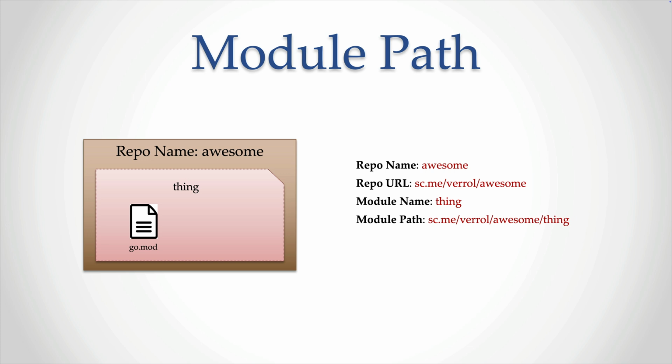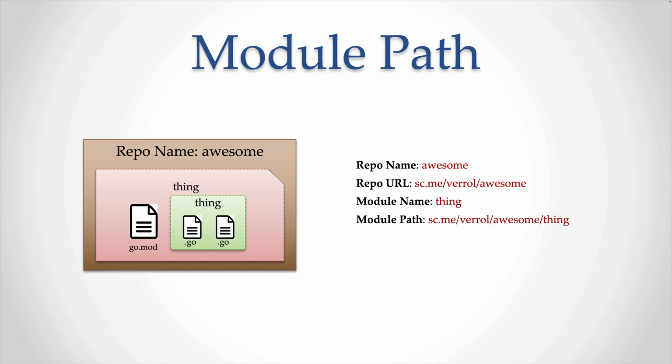Again, this is assuming that we put the go.mod file in the root of that repo, which we're doing here. The reason I have that dotted line outlining the pink area to represent the module is because the go.mod file is not in a directory of the repo, but rather sitting right there in the root. That's why I have a dotted outline.